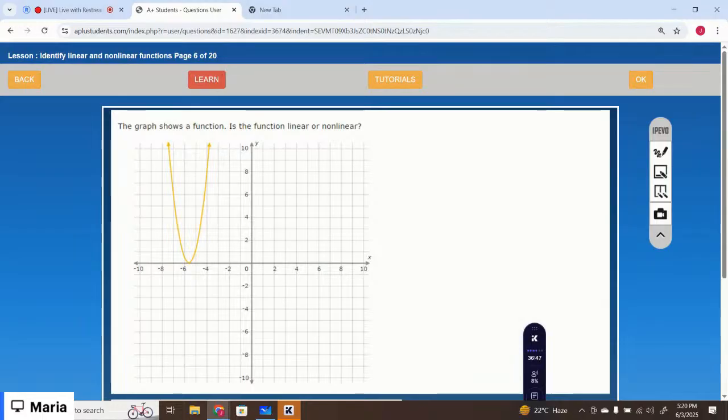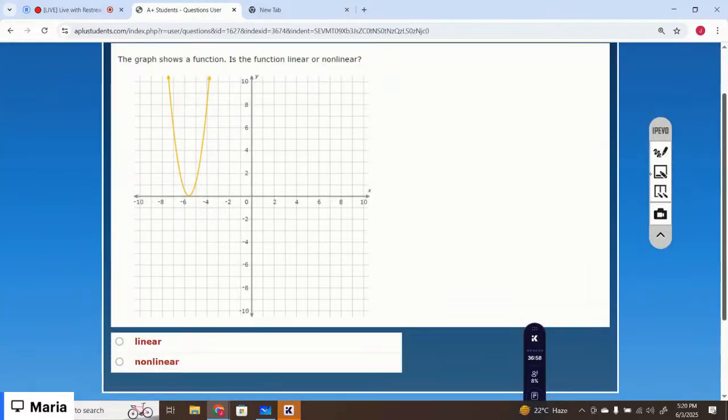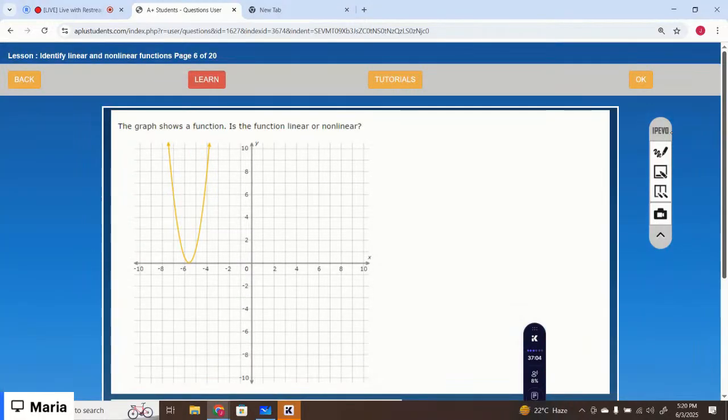The graph shows a function. Is the function linear or nonlinear? It is a nonlinear function, option number two is the correct option. You can complete the lesson by yourself today. Let me move on to the next lesson.